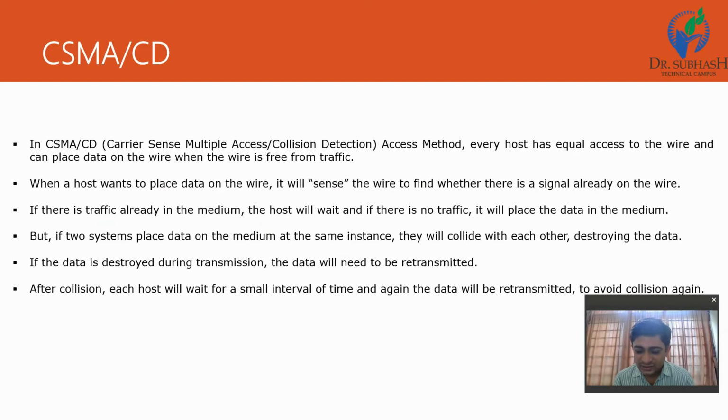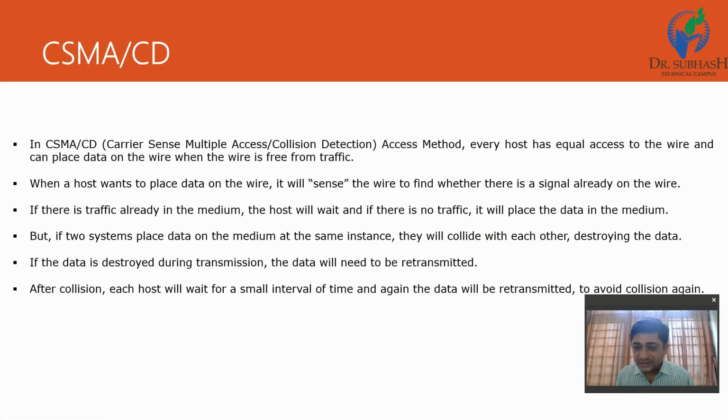That is quite easy. Suppose we have a channel, like circular. If we want to pass some data from one end to another end, then we have to check the road is free. If the channel medium is free, then we can transmit our data from source to destination. But if two systems place data on the same medium at the same time, they will collide with each other, destroying the data.